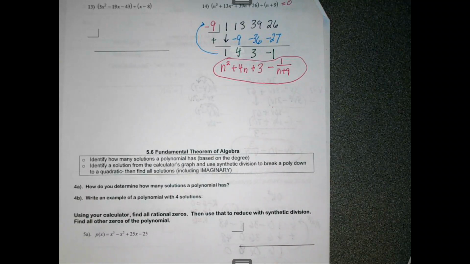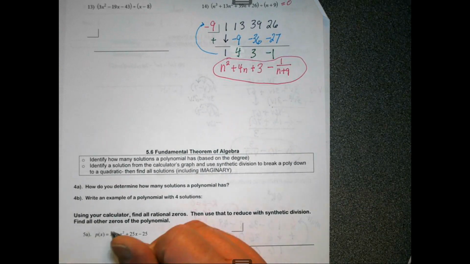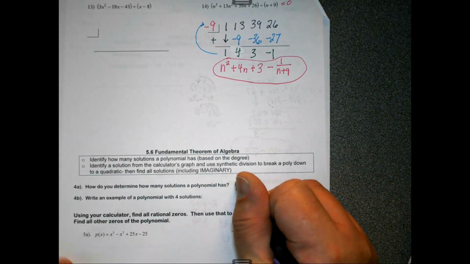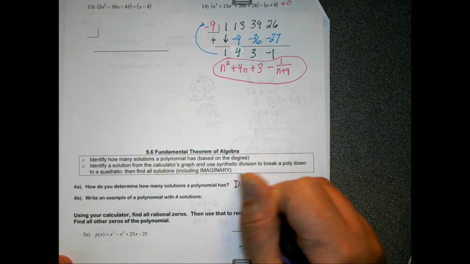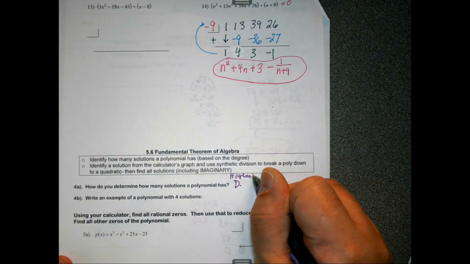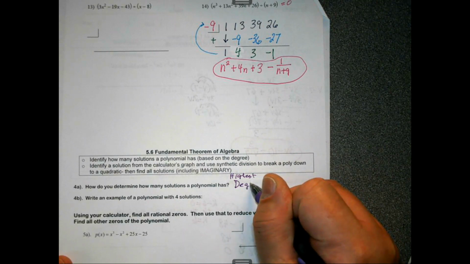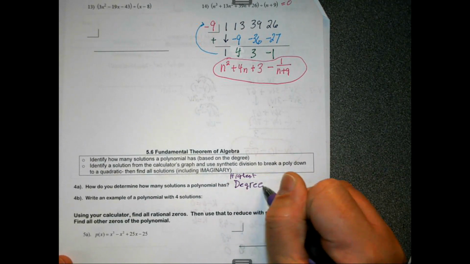Well, how do you know the number of zeros? You look at the degree, right? Degree of the highest degree, I should say. Highest degree or the degree of the polynomial, however you want to look at it.